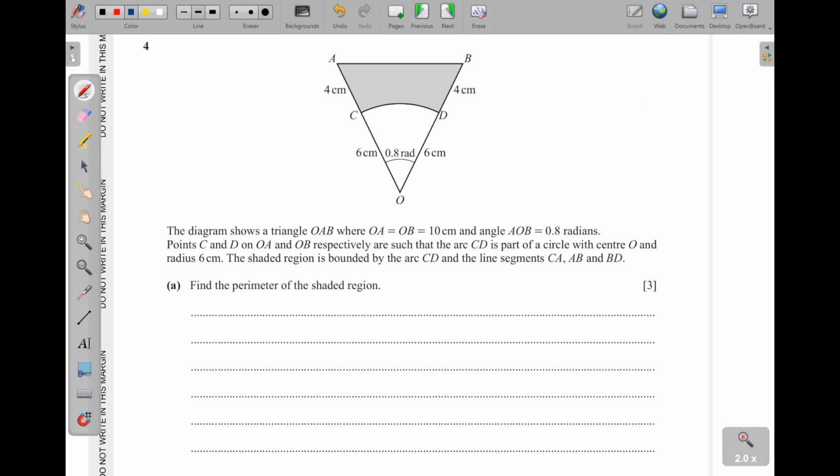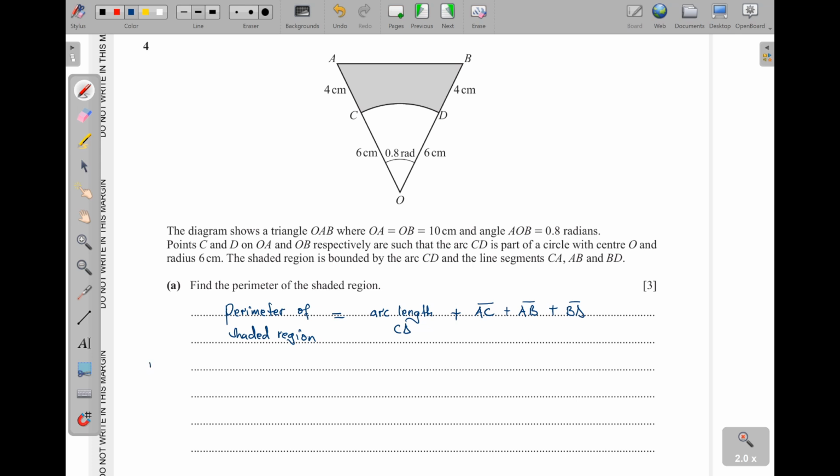Now we are going to have the perimeter of the shaded region. It is going to be equal to arc length CD plus AC, it's a straight edge, then plus AB, then plus BD.